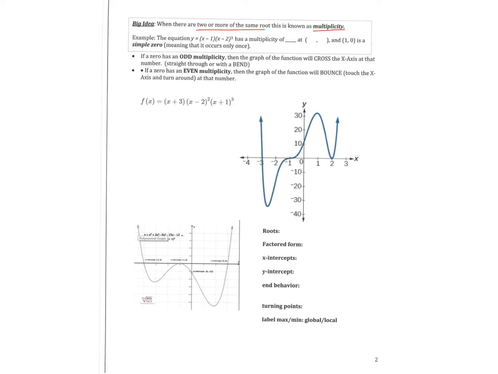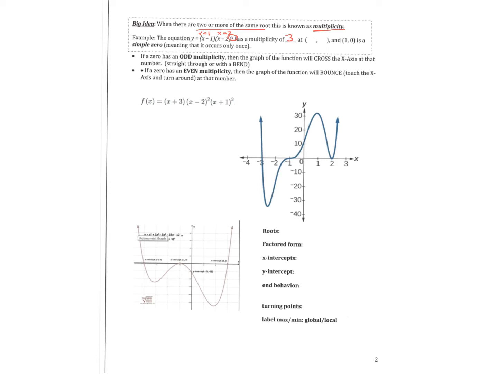So up in this box, if I look at this equation, my roots would be x equals 1 and x equals 2. But x equals 2 was cubed. And so I would say that x equals 2 is a root 3 times. And if x equals 2 is a root 3 times, then it has a multiplicity of 3.